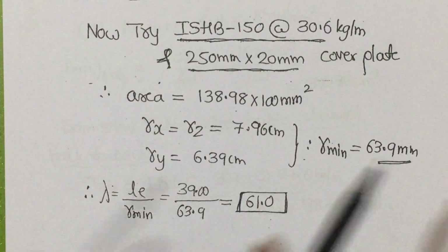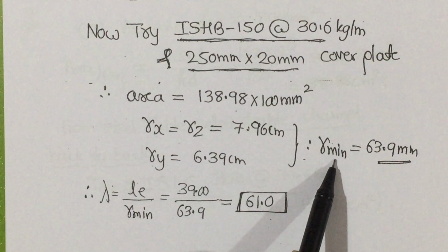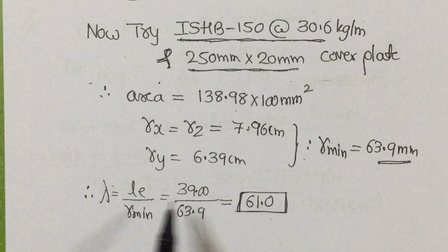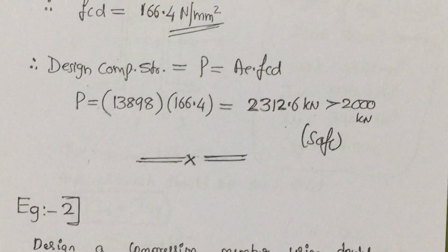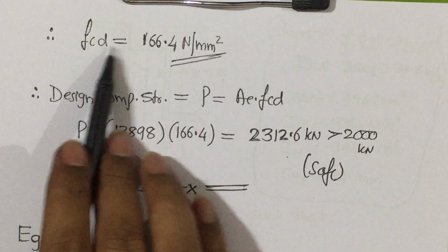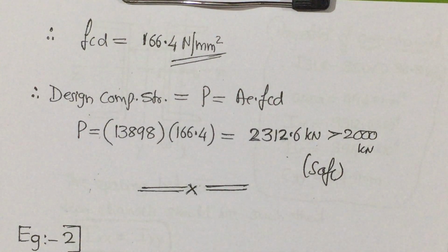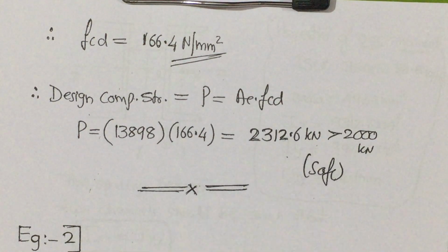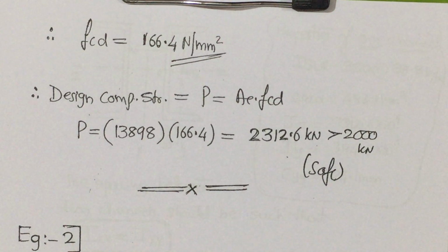Then note down the area, then radius of gyration. From this radius of gyration, find out the R minimum, then lambda is equal to LE by R minimum, then FCD from the table 9C, then PD is equal to AE into FCD. We got the value as 2312.6, which is greater than 2000 kilonewton, therefore safe. That is all for this problem.